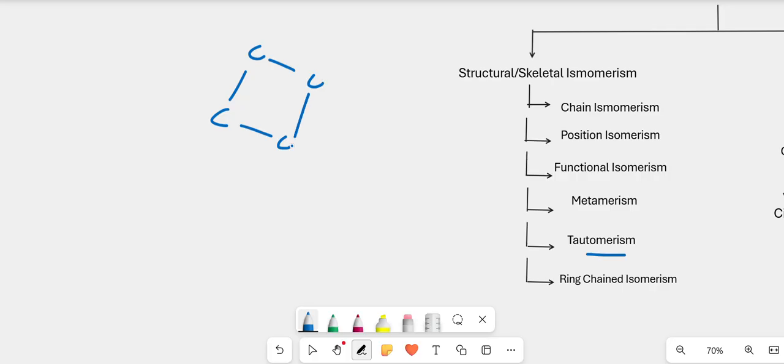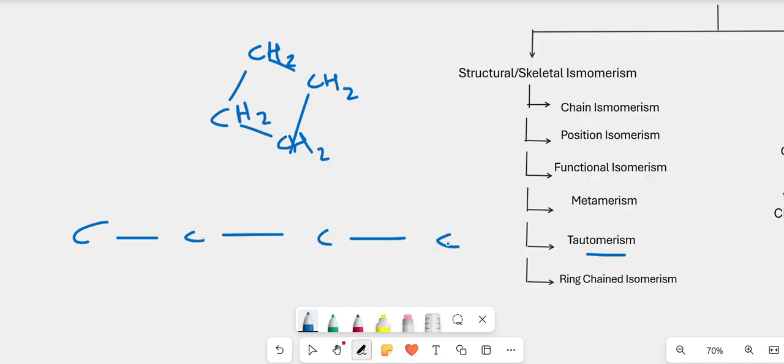I have four carbons closed in a chain, and this will have CH2, CH2, CH2, and CH2. Now, how many carbons do you have? Four. So just place them one, two, three, and four. Now, how many hydrogens do you have? One, two, three, four, five, six, seven, eight.